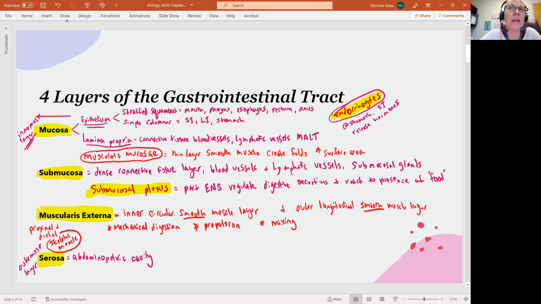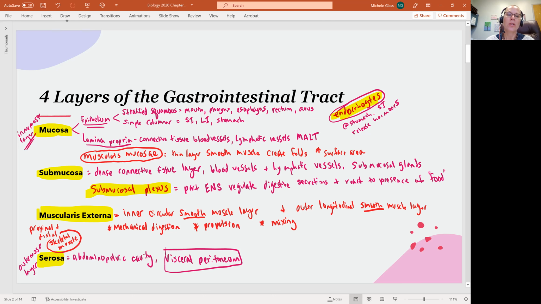So that's going to be around the stomach, small and large intestine, right? And what we'll see is that the serosa is actually composed of what's called the visceral peritoneum. And so we're going to pick up some details on that here in just a few minutes.